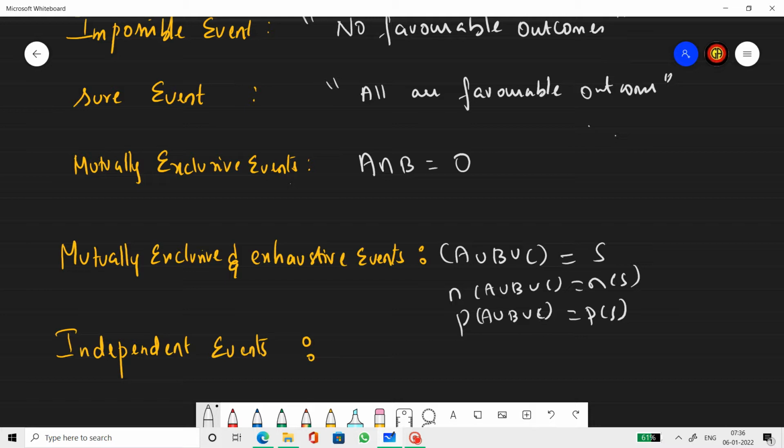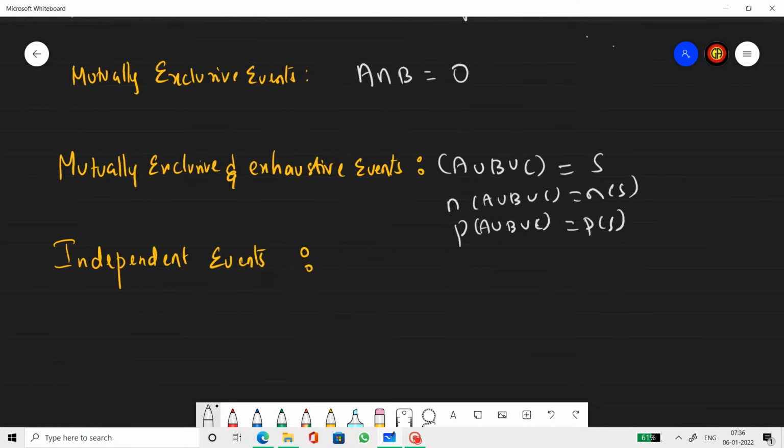The reason is that when you expand P of A union B, we use the addition theorem and the intersection is 0. Therefore, P of A plus P of B will be P of A union B, and P of A plus P of B collectively is P of S. So this is mutually exclusive and exhaustive events.